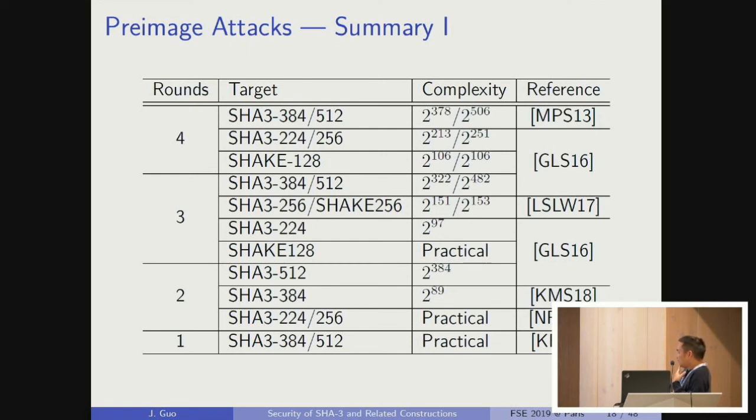The practical attacks are limited to very few rounds. For example, the largest number of rounds in a practical attack is SHAKE128 for 3 rounds only, and for SHA-3 variants it is only 2 rounds and 1 round.